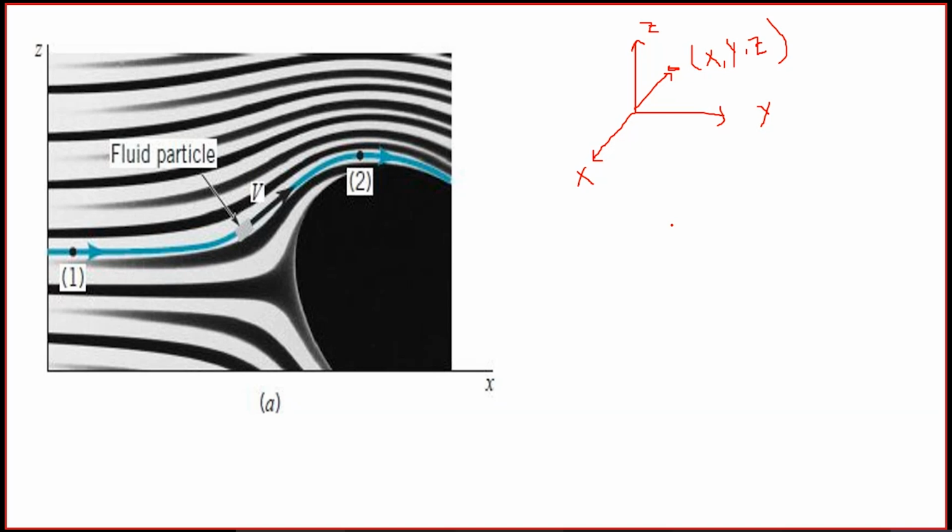We will assume that our flow for this chapter is 2-dimensional flow. So we'll always be concerned with the XZ system. We will be considering flow in the XZ plane. It can be in the XY plane, it can be in the YZ plane, but it will always be a 2D problem. It will be a two-dimensional problem. Clear?